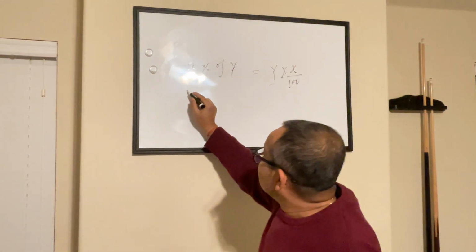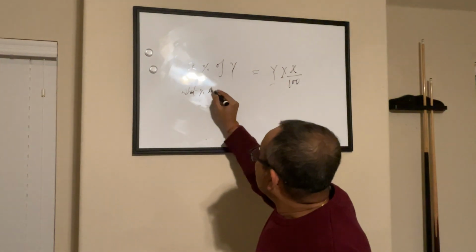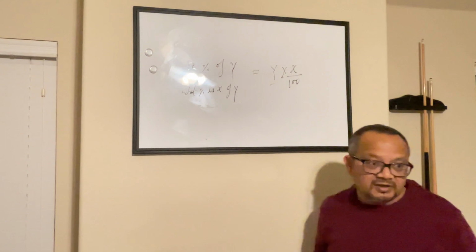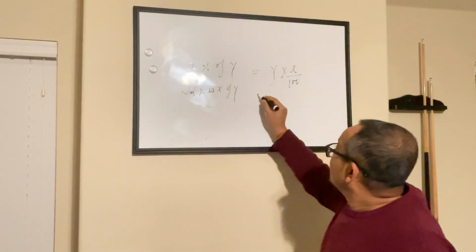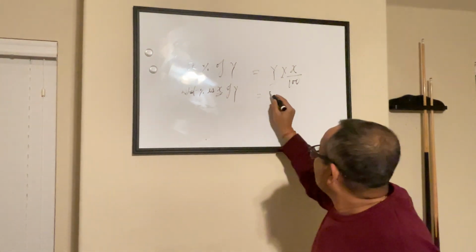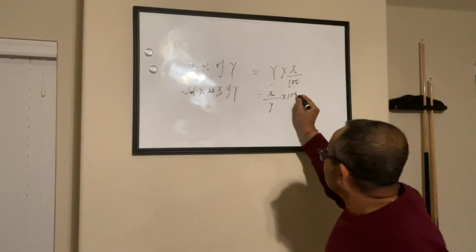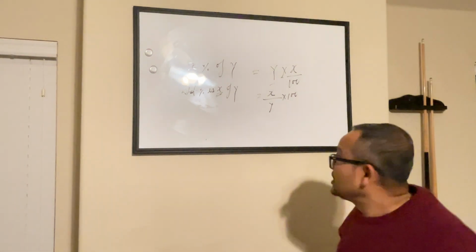The other: what percentage is X of Y? Meaning a number is what percentage of some other number. That equation will be whatever number you are trying to derive the percentage for, divided by that other number, multiplied by 100. This will be your percentage. These are the only two formulas that you have to remember.